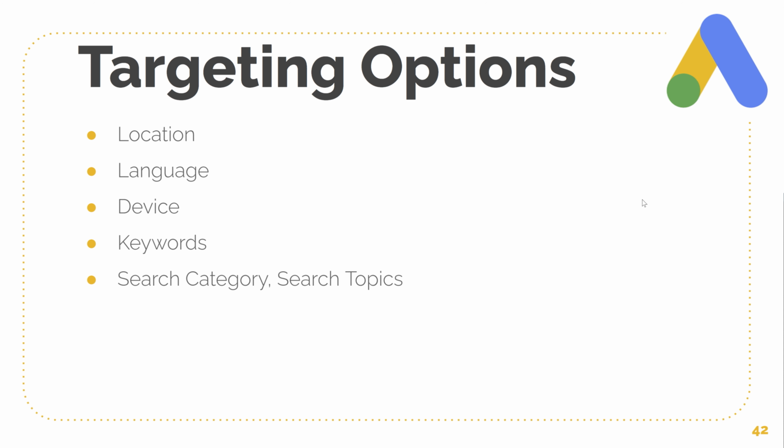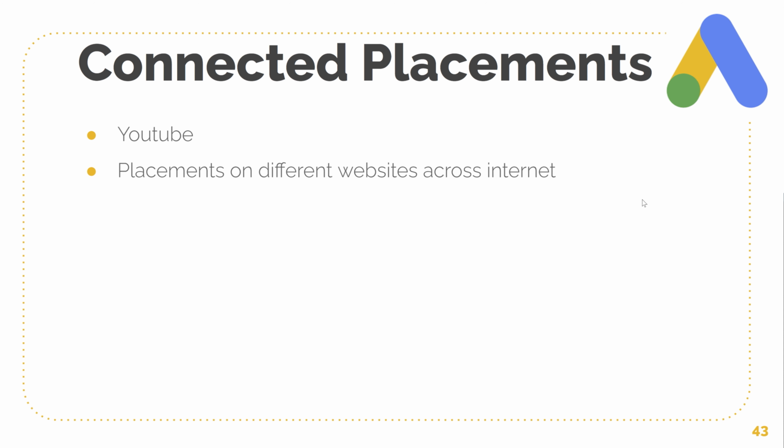In addition to your keywords, you can use different topics. For example, marketing consultant for business, or marketing consultant for a specific industry, for finance industry, or for technical industry, and so on. So that's where categories come in. Connected placements. For Google, they are YouTube and different websites across the internet.